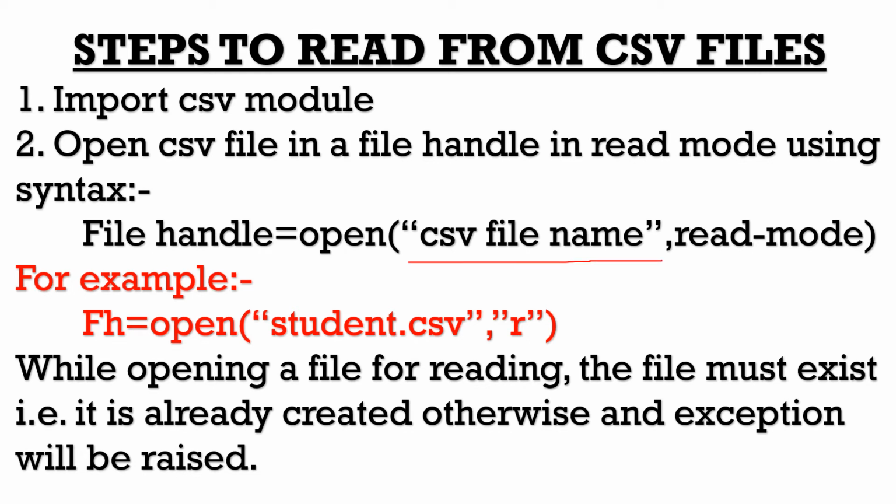Within double quotes, you will mention the name of the CSV file and a comma, and then after that you have to write the mode, the read mode. This is an example statement. fh, you can select any file handle name here. I have used fh is equal to open. This you have to write as it is because it is a predefined function, so it is to be used as it is. Now the file name within double quotes.